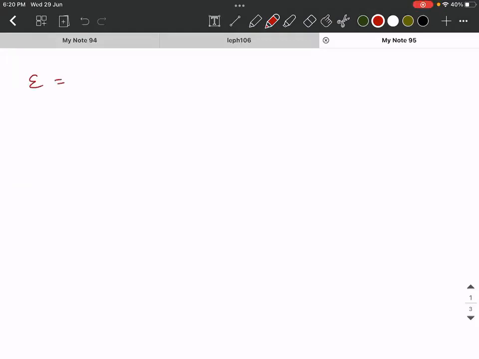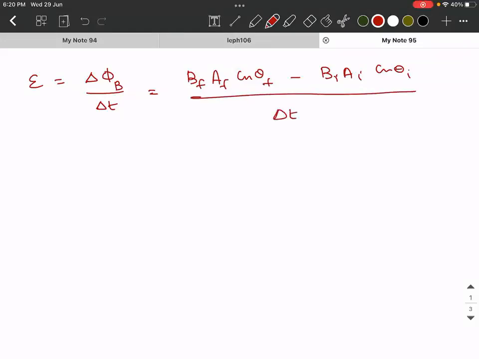EMF is equal to change in magnetic flux divided by time. So change in magnetic flux is B final, A final, cos theta final minus B initial, A initial into cos theta initial, divided by the amount of time. So here B final is mu naught n into I final. Area is A only.